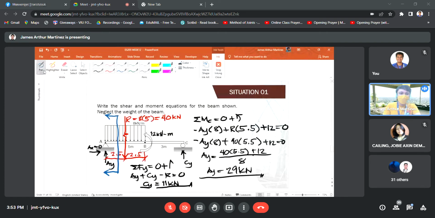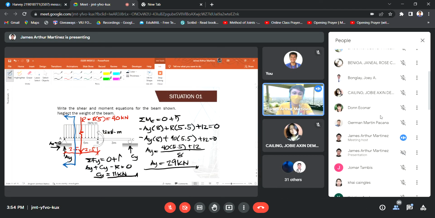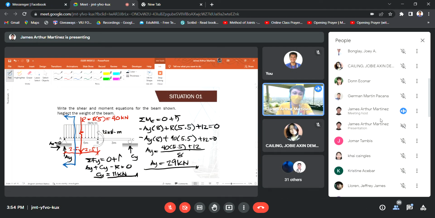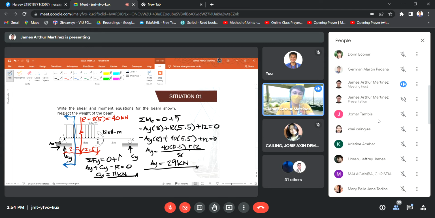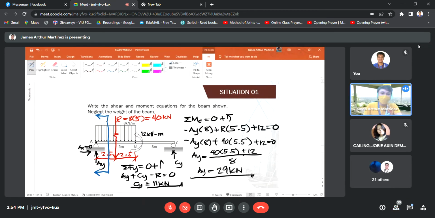So our reference class, in taking distances of x, it should be from the left part of your support or from the left support. So, yung una nga reference, si point A, or ang left support. Then, your x distance should be from your reference point, which is point A in this case, until the cutting plane.